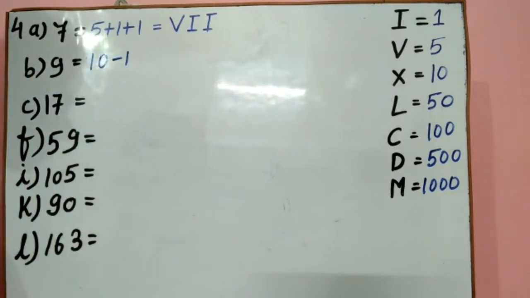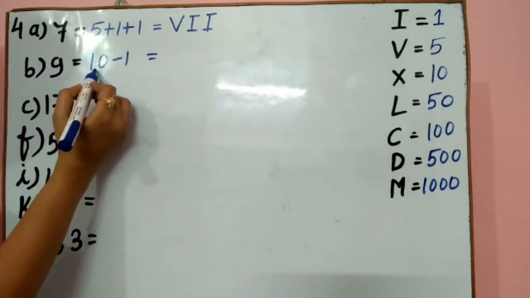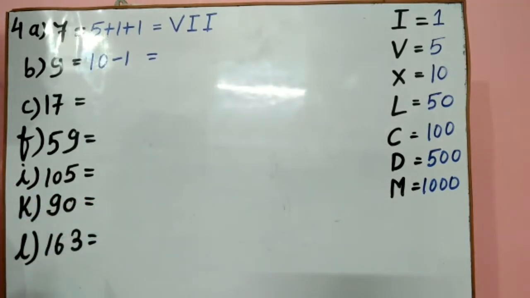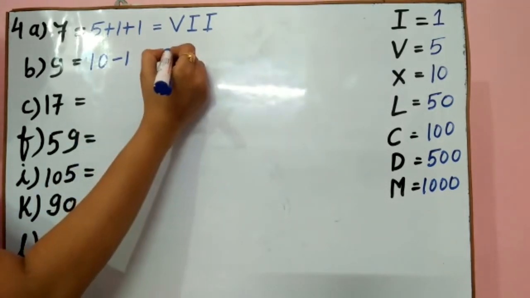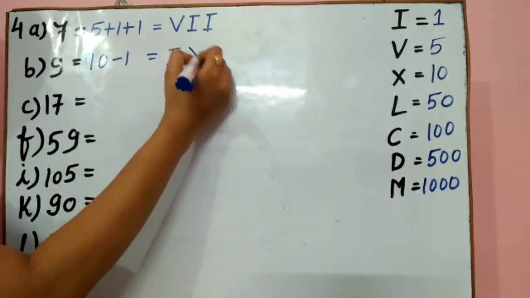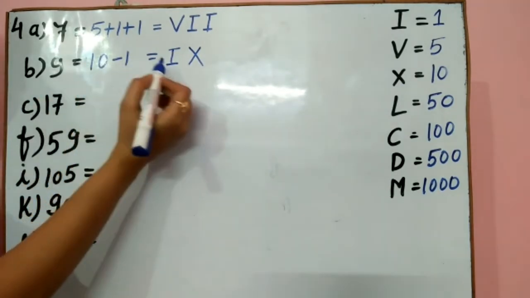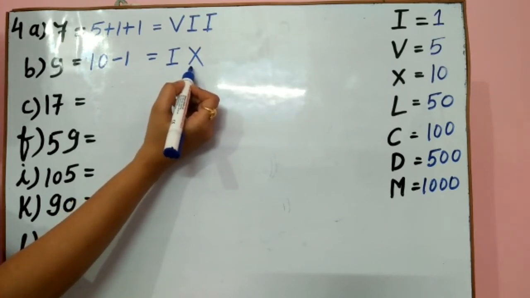B. 9. Can we write 9 like this? 10 minus 1, that is equal to 9. The value of X is 10 and the value of 1 is I. IX. For subtraction, we always write a letter of smaller value to the left of a letter of greater value.